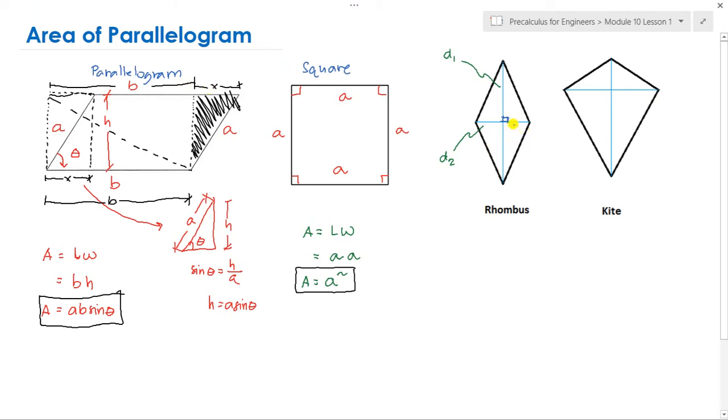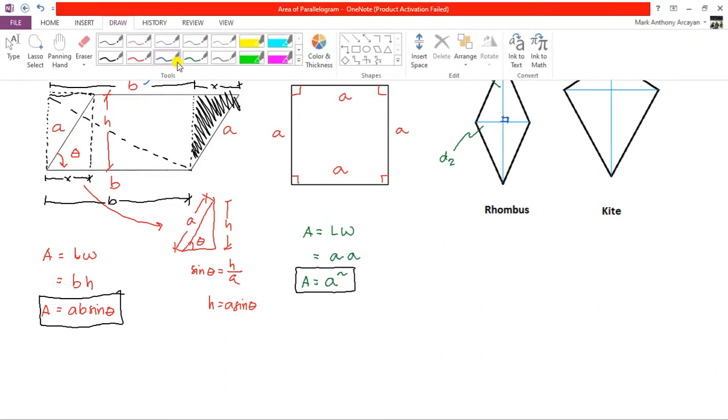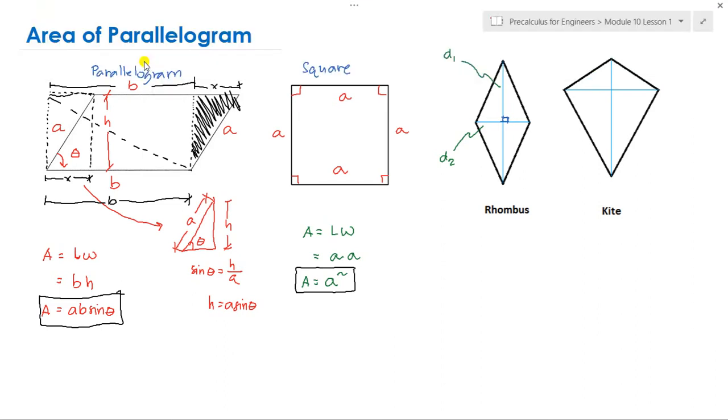In order to derive the formula here, from the figure, you will notice that the distance from this vertex to this is just 1/2 of D2, right? This is just 1/2 of D2. And also the same with this one, that is just D2 over 2.